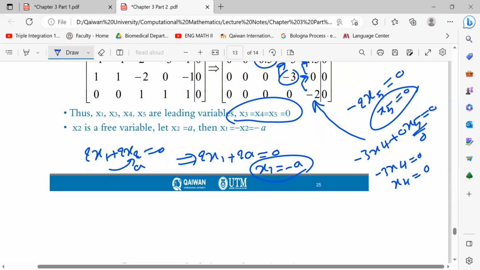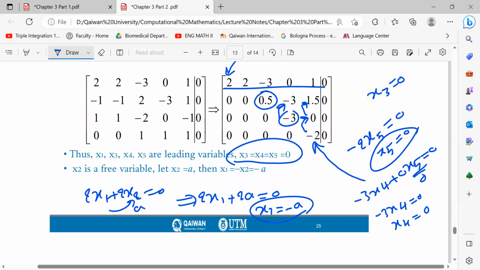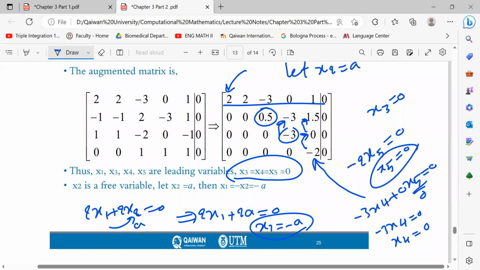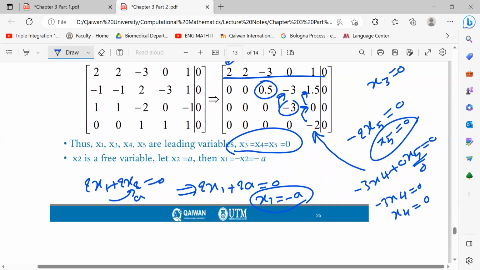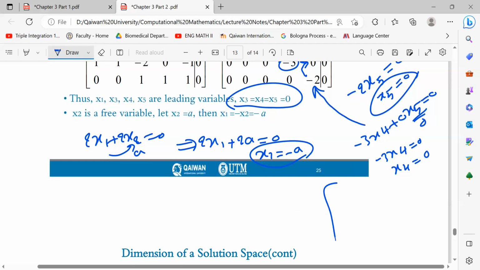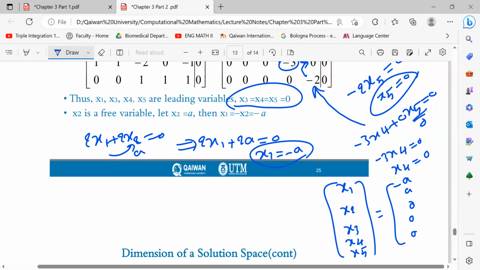That means the only basis that we get is the values of these variables. So the basis is x1, x2, x3, x4, x5, which equals negative a, a, 0, 0, 0.